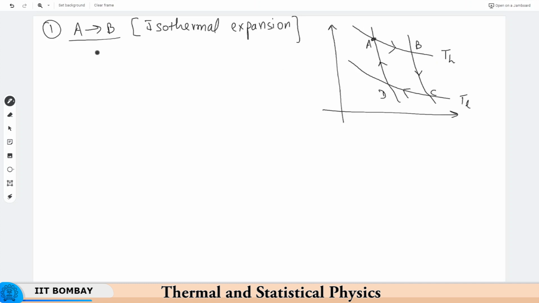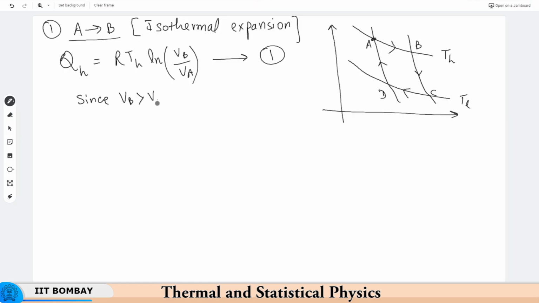Therefore, the heat added to the system QH, for 1 mole of ideal gas, will be R times TH times log of VB by VA, the final volume divided by the initial volume. Let us call this equation number 1. Since VB is greater than VA, the quantity QH is positive, which clearly means heat is added to the system.